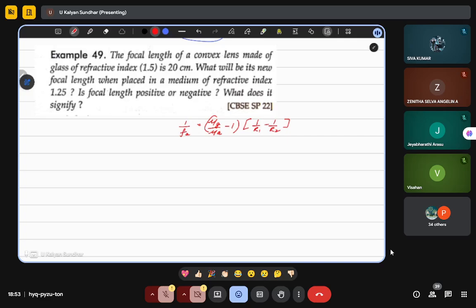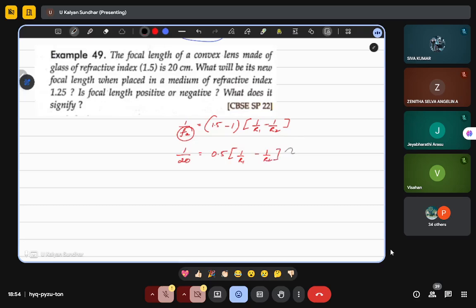Mu of glass is 1.5, and the focal length is 20 centimeter. So 1 by 20 will be equal to 0.5 into (1 by r1 minus 1 by r2).